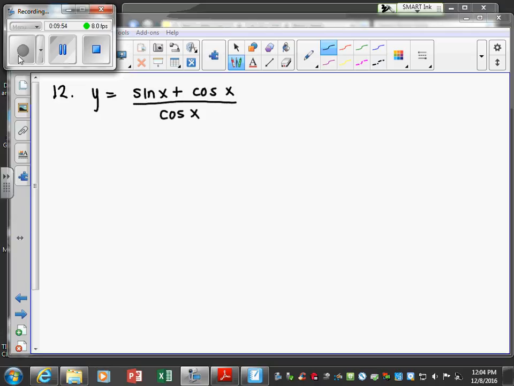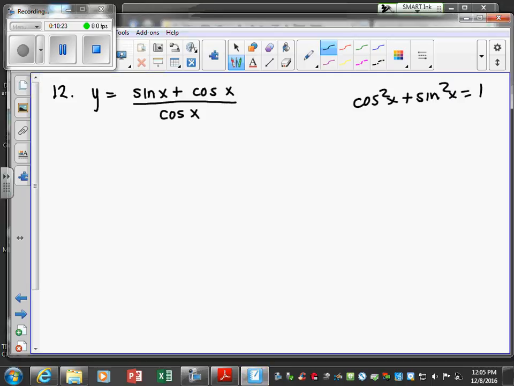Okay, we're short on time, so we're not going to work this one out in its entirety either. So I just want you to know, to be able to set this up, you do low d high minus high d low over the square of what's below. Now there's not really anything tricky in there, other than at one point I want you to recall that cosine squared x plus sine squared x is equal to what? 1.